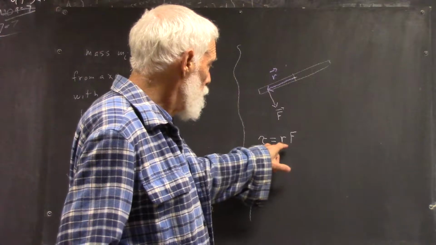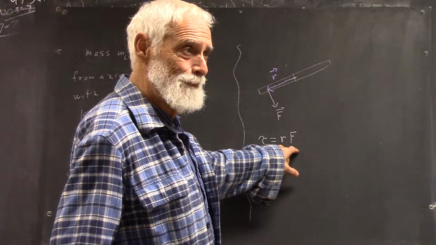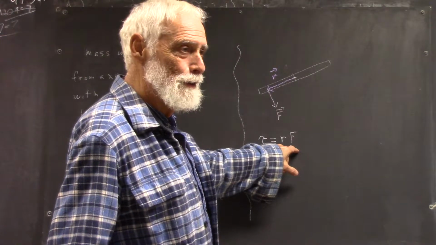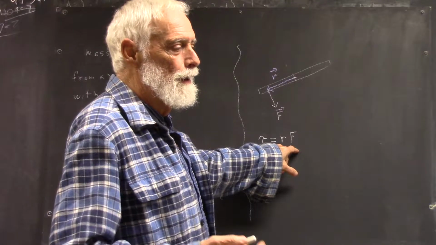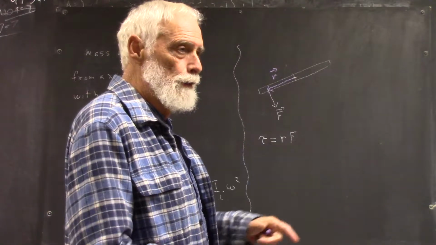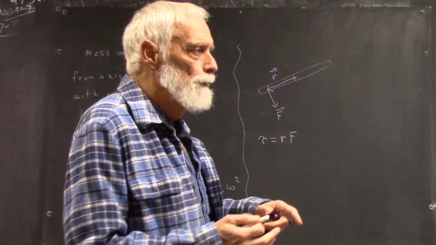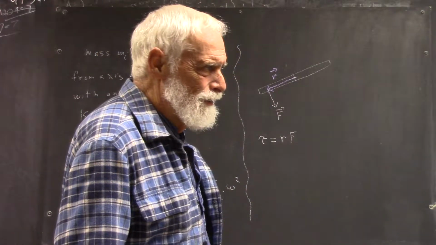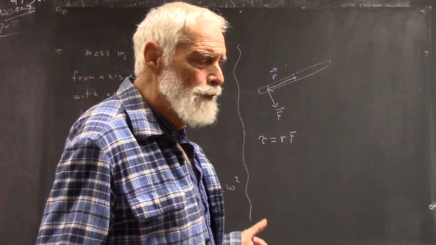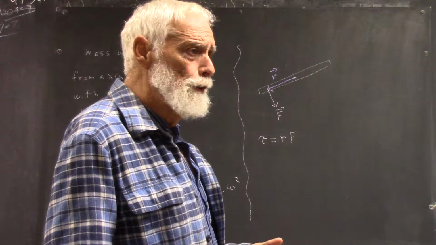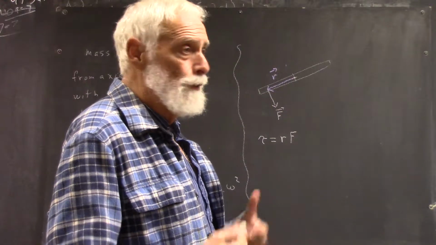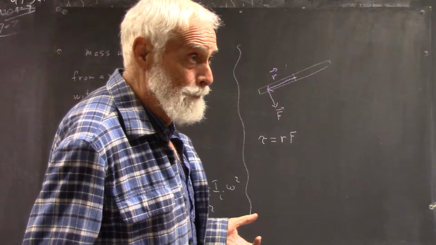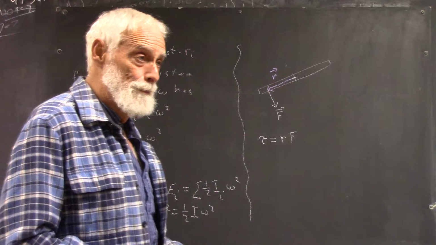Whereas if I write RF, it's in meter newtons, which is a unit of torque. You don't want to write torque units as newton meters because you could accidentally write that as joules. If you write meter newtons, you're less likely to do it. The units are identical, actually, but they have totally different meanings.